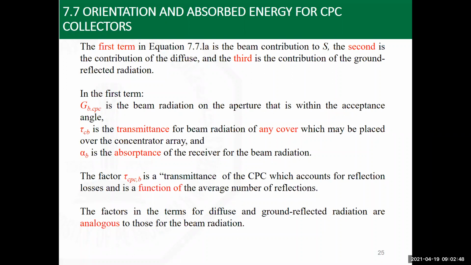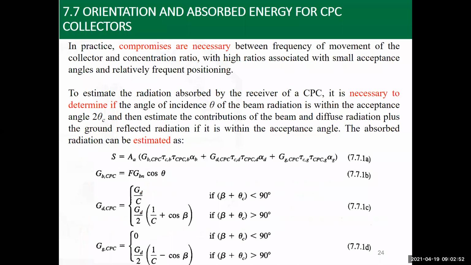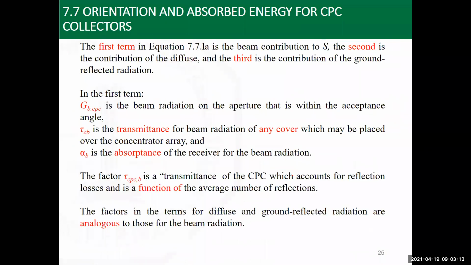The first term in equation 7.7.1a is the beam contribution to S, which is this component that we see here. As I mentioned earlier, this part here is representing the beam component. This part is the diffuse component, and this part represents the fraction which is the ground reflected one.